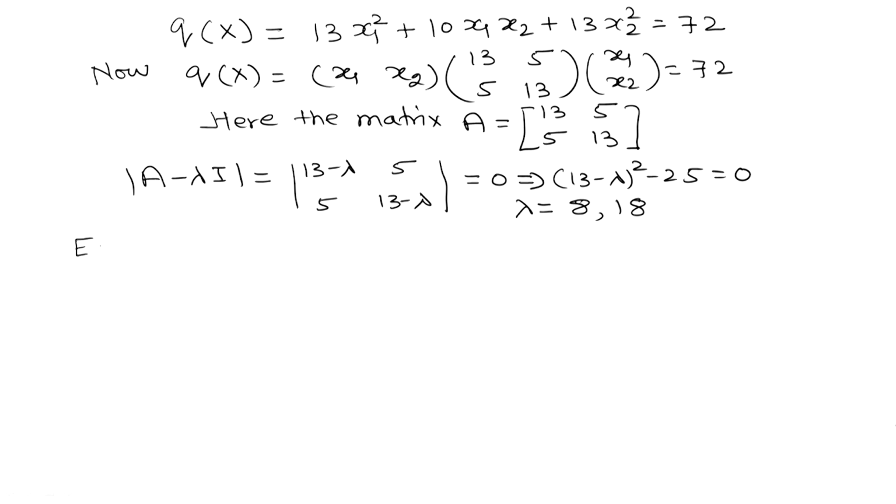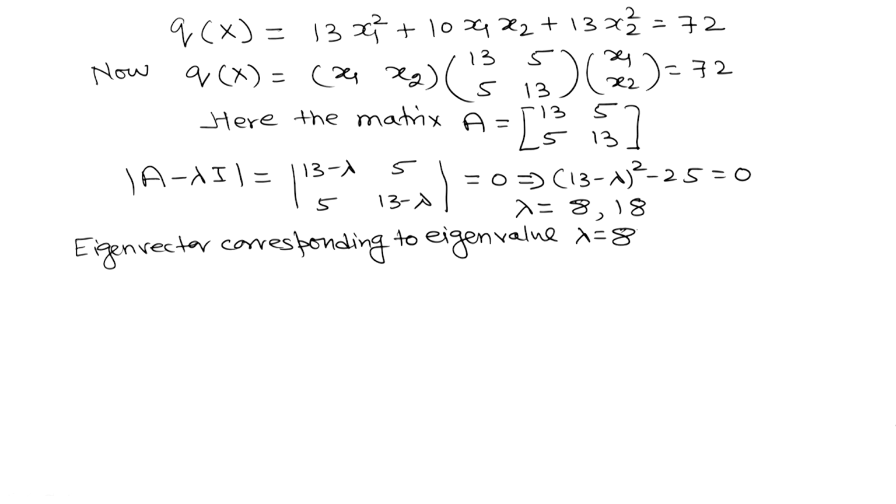Now, if I calculate the eigenvector corresponding to eigenvalue lambda equals 8, then (A minus 8I) x equals 0 gives me 5x1 plus 5x2 equals 0.